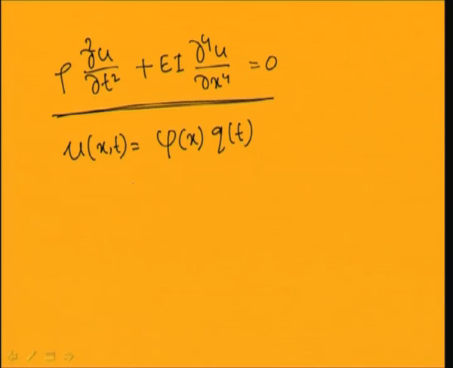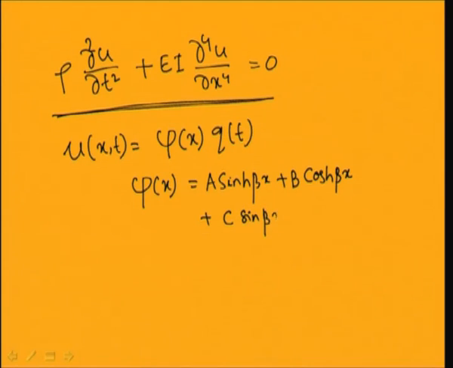In this case psi x is written in this form: psi x equal to a sinh beta x plus b cosh beta x plus c sin beta x and d cos beta x.